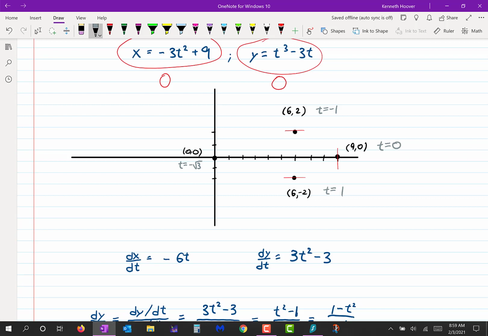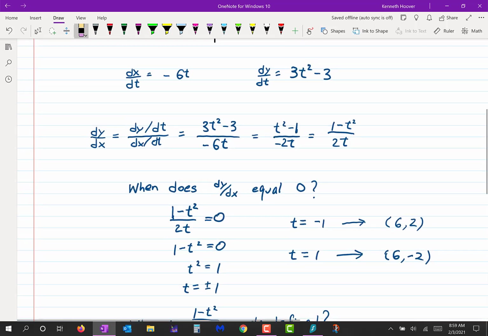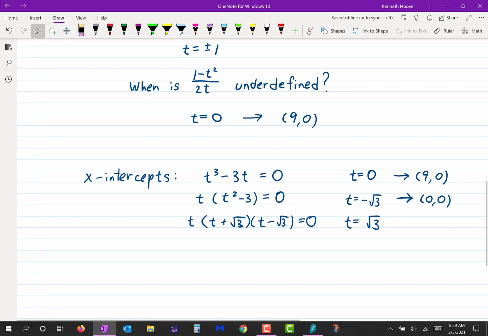Okay, now one more x-intercept, I think, right? Look down here. Looks like there's going to be one more x-intercept. Let's find that.